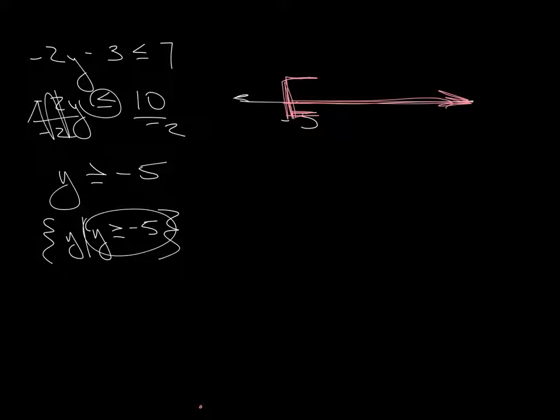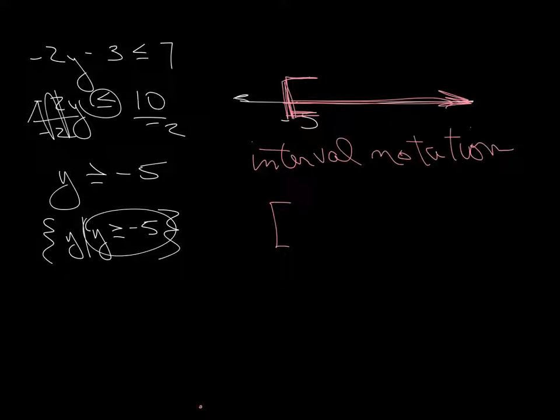Now if we want to write this in interval notation, it looks like this. Okay? Looks like that. And we got that again, the left hand side is a -5 with a square bracket.